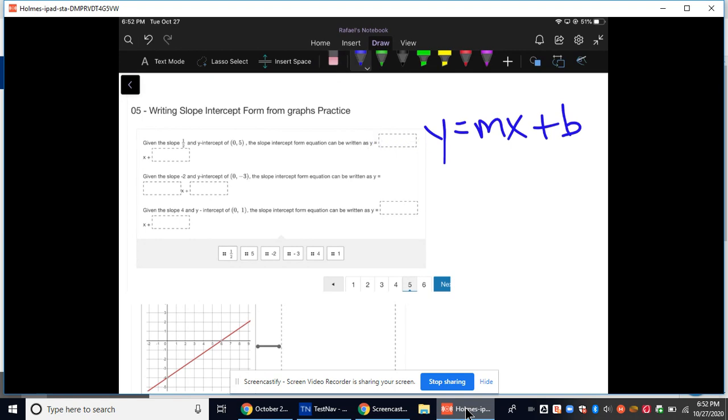All right, so on this one, I'm going to highlight the slope is -2, which is our m. So when we write the equation, y equals -2x. And then our y-intercept, I'm going to highlight that in green, is -3.